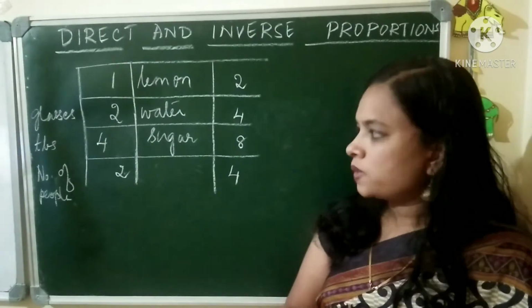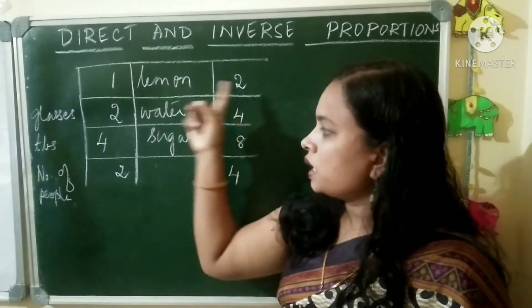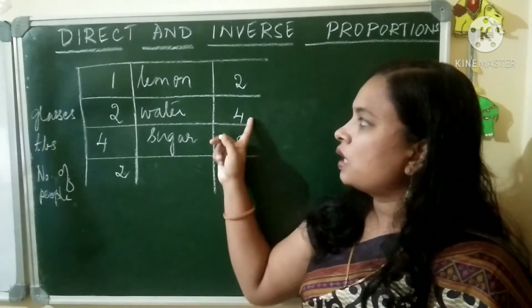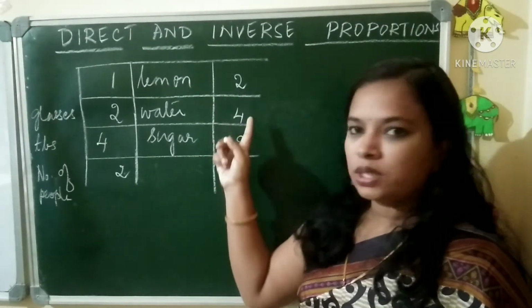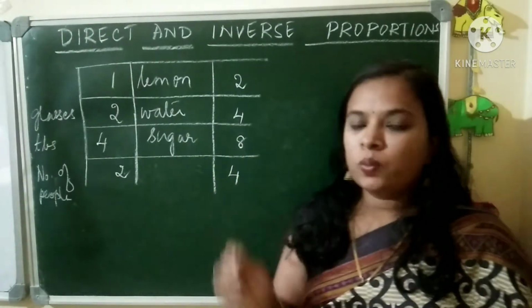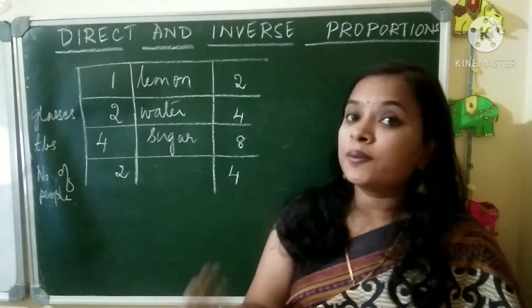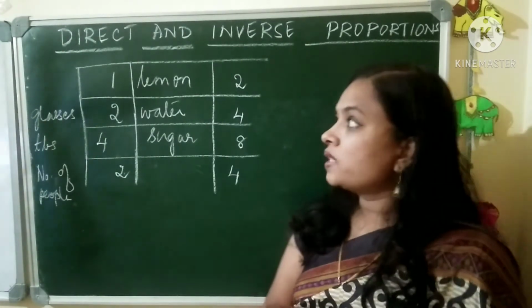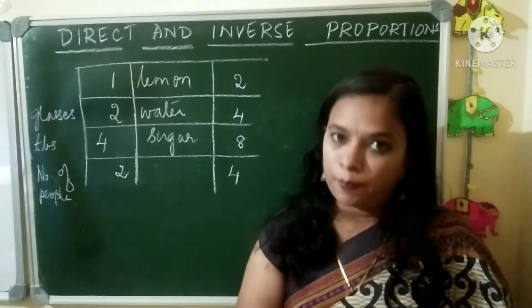The observation is, if there is an increase in the number of people, there is an increase in the quantity of lemon, water and sugar. So if there is an increase in one quantity, there is an increase in the other quantity also. If that is the case, then we say it is a direct proportion.